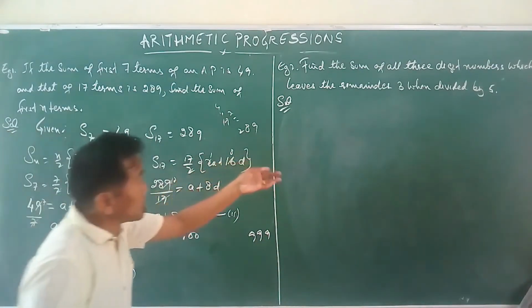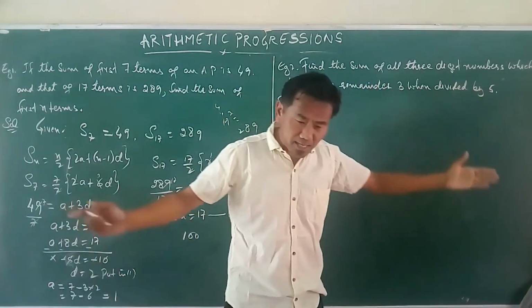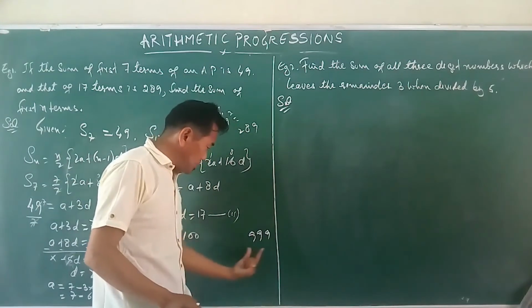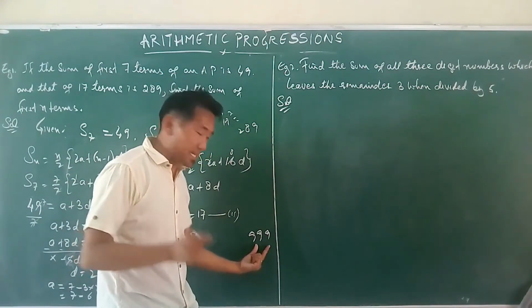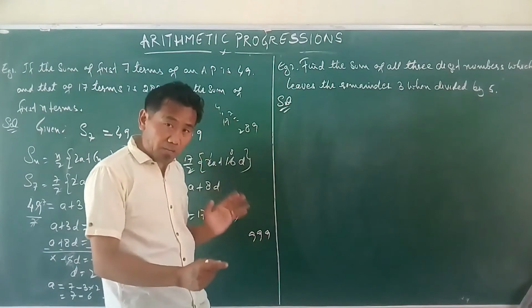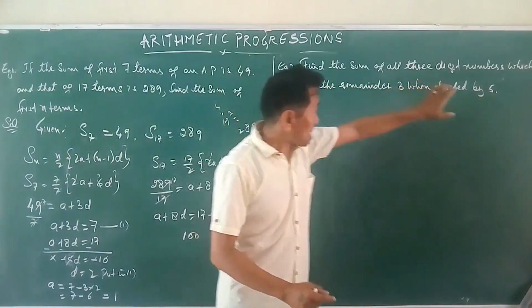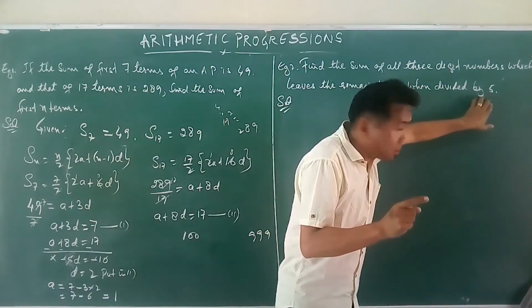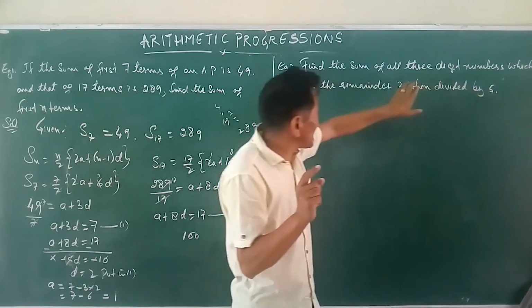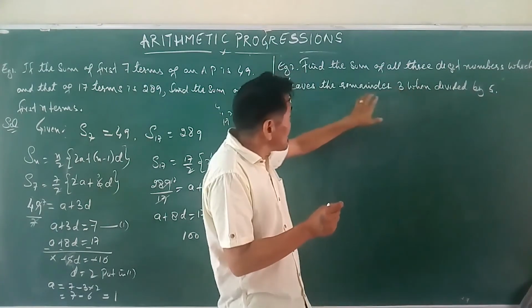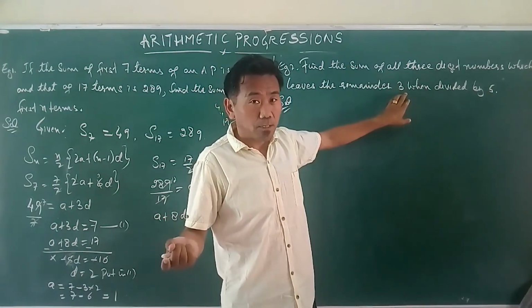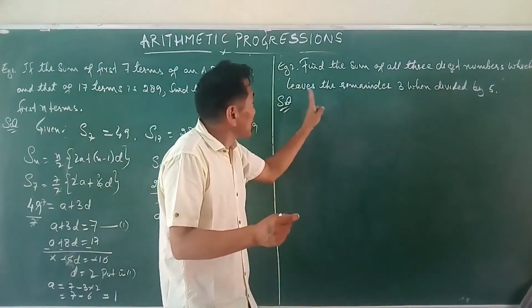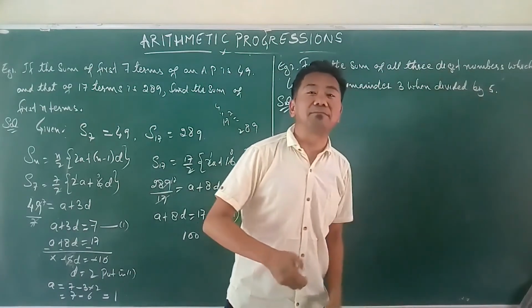Now, the question here says find the sum of all those 3-digit numbers in between 100 to 999 which leave the remainder 3 when divided by 5.